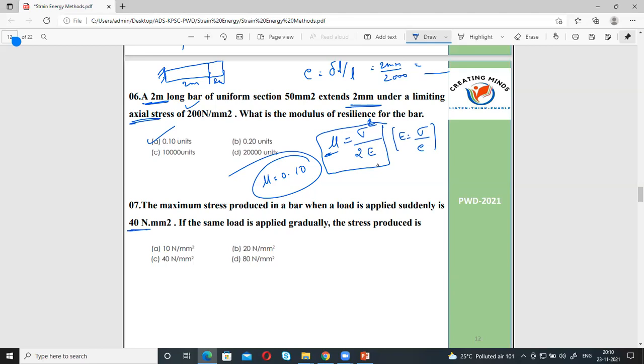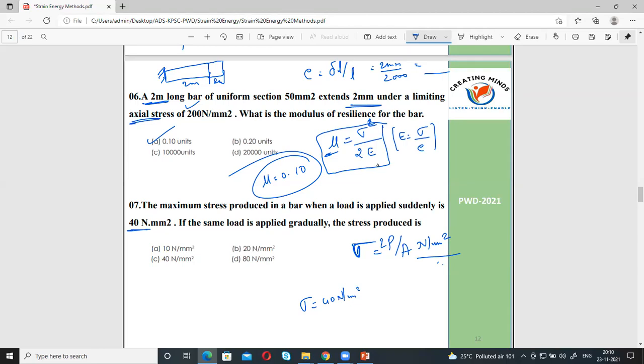What is the equation if the load is applied suddenly? 2P by A. P by A is for gradual application; for sudden, 2P by A. The maximum stress produced sigma is given as 40 Newton per mm square.